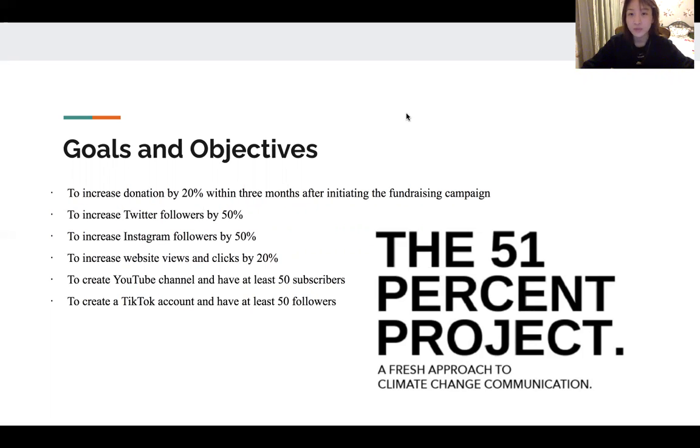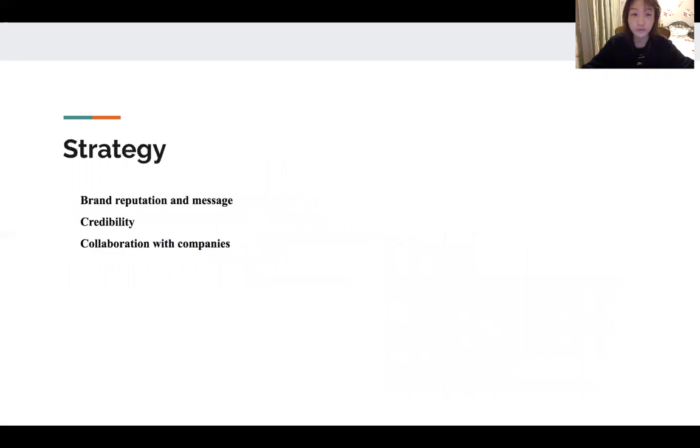And to do that, we want to increase the brand reputation and brand awareness at the same time. So we can get the brand out first, then we can have more donors and potential donors. So these are basically to increase existence on social media and traditional media platforms.